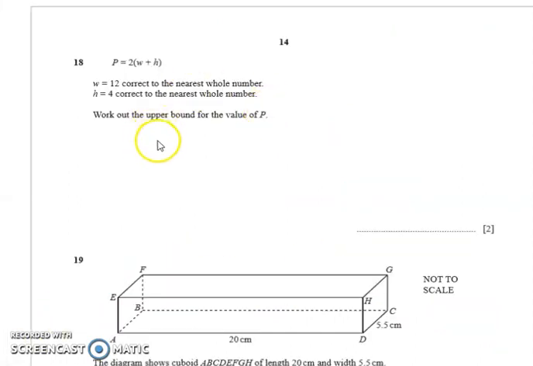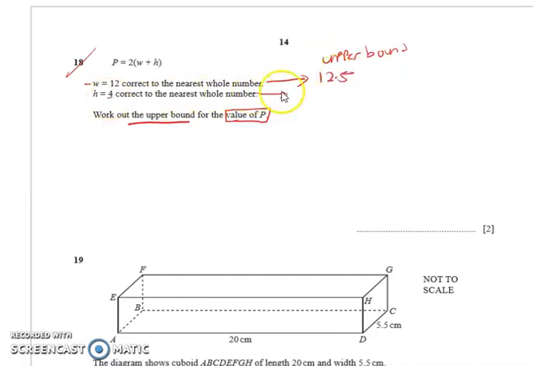Okay, and then this is the upper bound question, question number 18 here. Work out the upper bound for the value of P. So we have to find the highest value of P. W is 12, so the upper bound here will be 12.5, and 4 is given by 4.5.